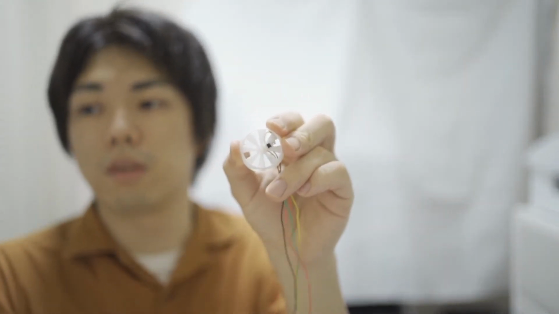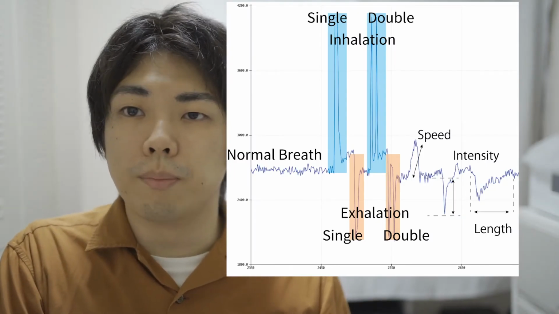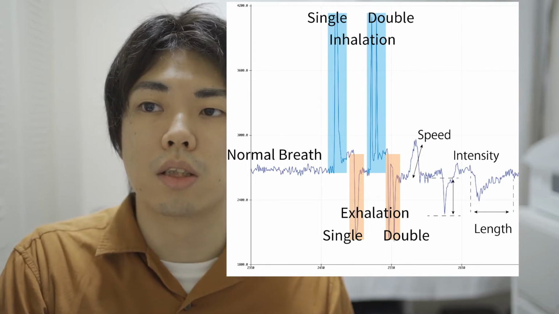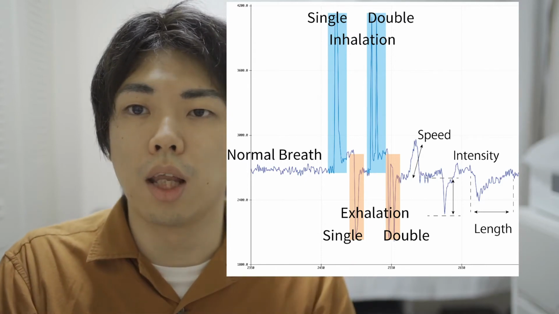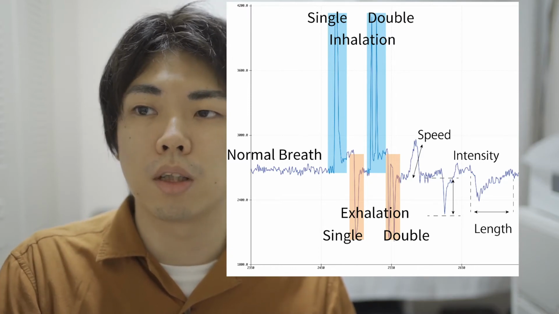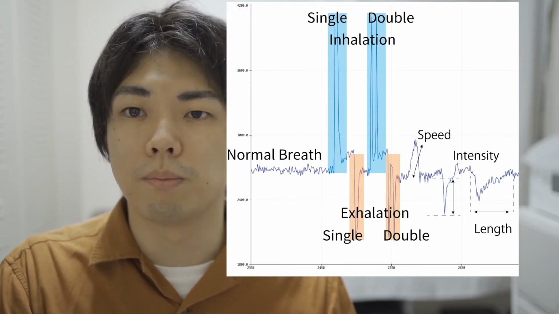This is the photoreflector, and this is an example of sensor data. So it can detect whether the user is inhaling or exhaling, and the length, speed, intensity, and number of times per time unit of each inhale or exhale.